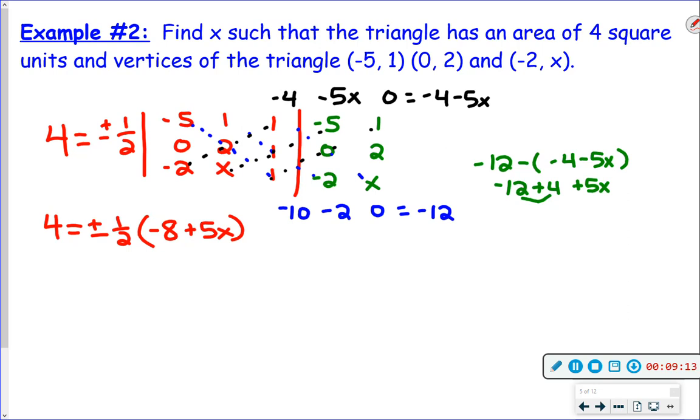The plus or minus on there is going to give you how many answers? 2. I'll tell you this. I can't say as I want to distribute the half through, just because half of 5 is going to be a fraction. Let's clear the half. What gets rid of 1/2 if you multiply by what? So I'm going to make this 8, plus or minus, half is out.